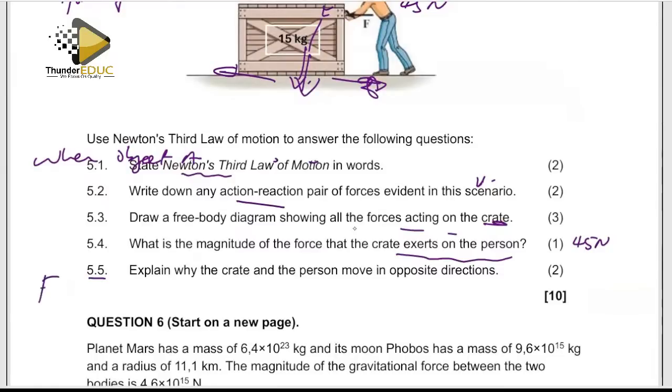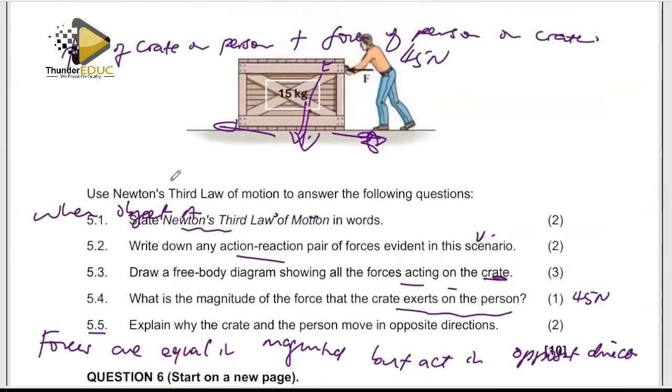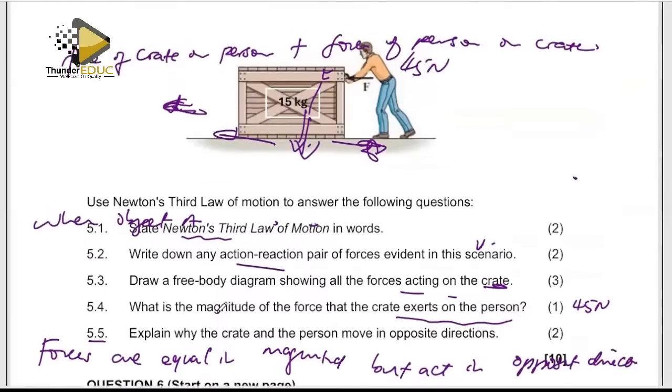So we're seeing that the forces are equal in magnitude but act in opposite directions. So what this question means is that for you to push the crate to the left, the person should be pushing themselves to the right. That's what the question meant.